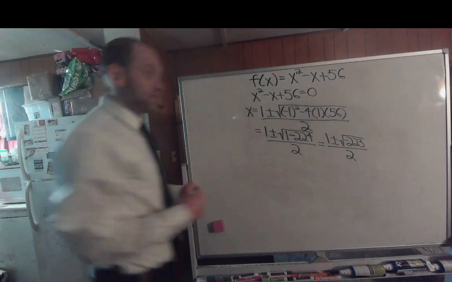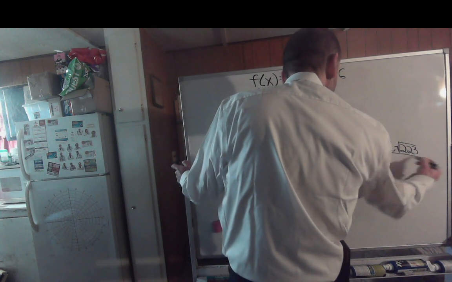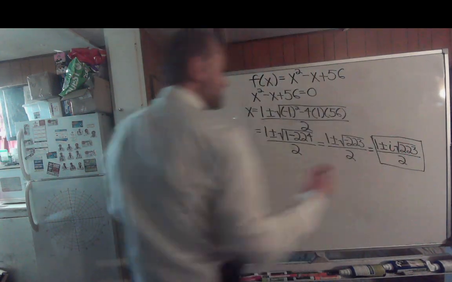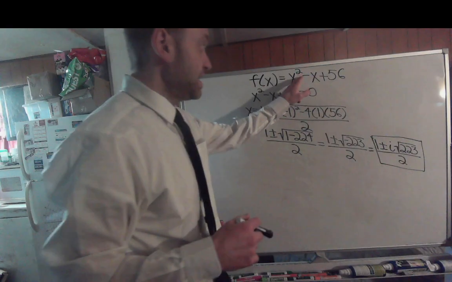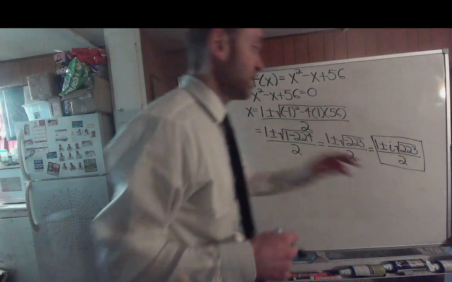It definitely does not factor. I just checked. So this would turn into 1 plus and minus i times the square root of 223 all over 2. Those would be your two solutions for x. So yes, you've got indeed two solutions in the complex number system, and they're both imaginary this time.